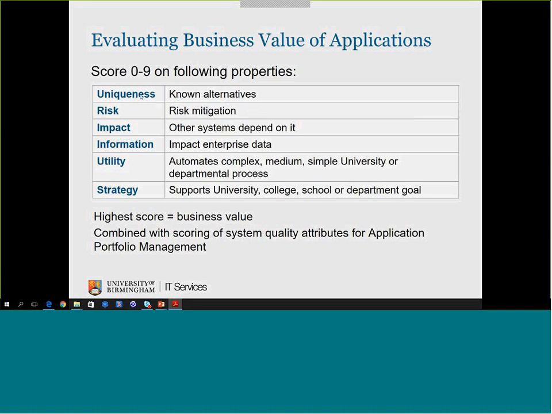For each one: what is the integration impact, do other systems depend on it? Interplay of data, obviously it does. Is it used for audit, complex processes, and does it support at a university, college, school, or departmental level?